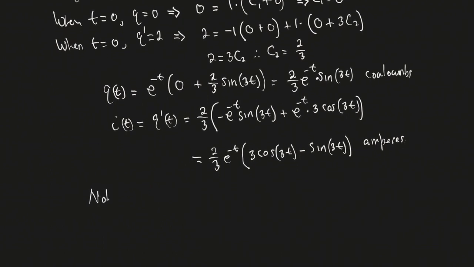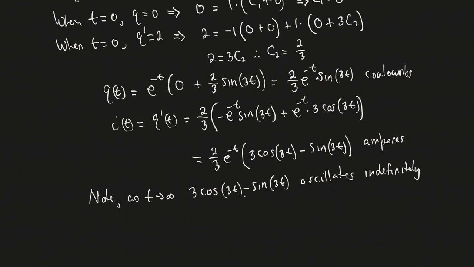So note, as t approaches infinity, the 3 cosine of 3t minus the sine of 3t oscillate indefinitely.